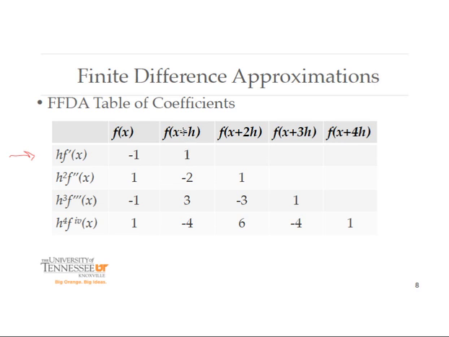Or you easily could say that it's just f of x plus h, as we did before, minus f of x. And that would be equal to h times f prime of x. And so your approximation to the derivative would be just taking this left-hand side and dividing it through by h.